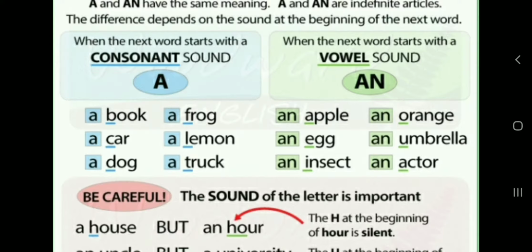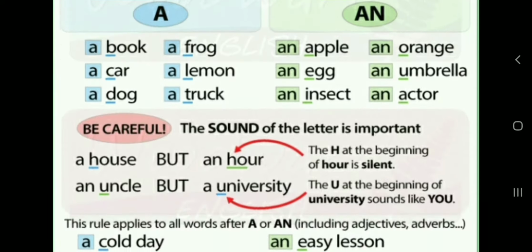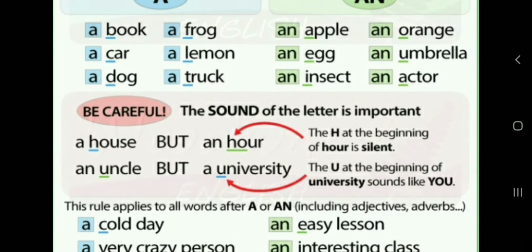So before consonant sounds we use a, and wherever vowel sounds are used, like A, E, I, O, U, there we write an. You have to keep this in mind, as well as the sound of the letter H at the beginning, for example hour. If such H words are there, then also an is used.